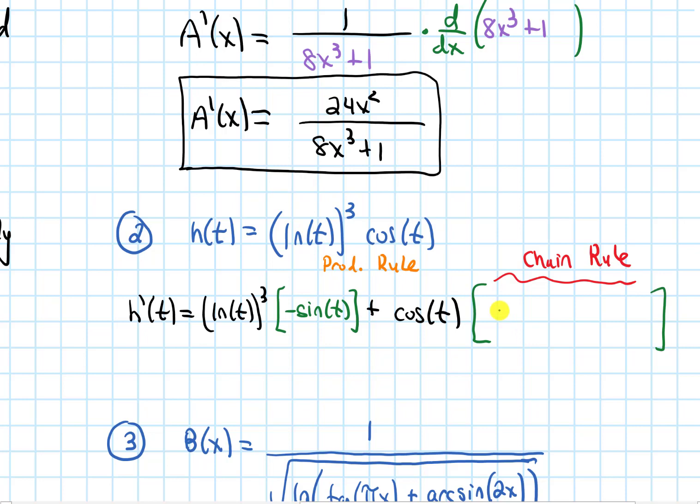The power will come down, and I'll subtract 1 from the power, so that power becomes a 2. But when we do that, the chain rule says, keep plugging the same inside thing in, so keep plugging in ln of t. And then we do the chain rule step, in which we multiply by the derivative of the inside. So the derivative of ln of t is 1 over t. And that is my derivative.